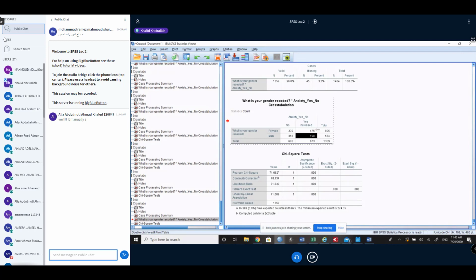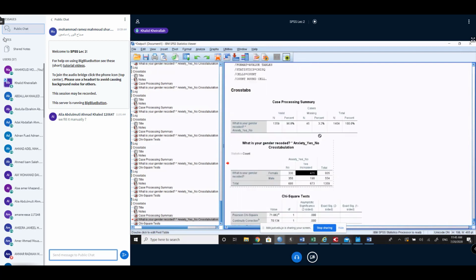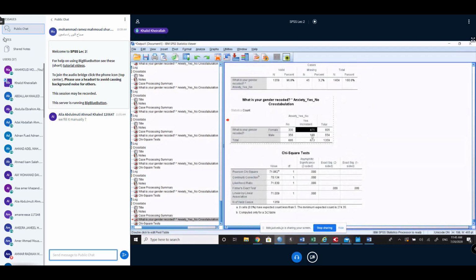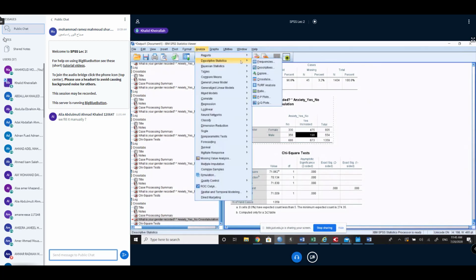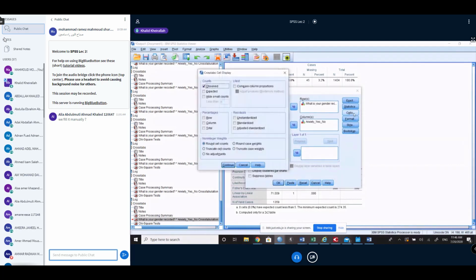So this is going to be 59, and this is going to be 35%. These are the two percentages. But the numbers I need to calculate the chi-square and to calculate the p-value are these numbers. I don't need the percentages. I need these actual numbers. Okay? If we go back and close the tab, cells, you can get the observed numbers, you can get the expected numbers.